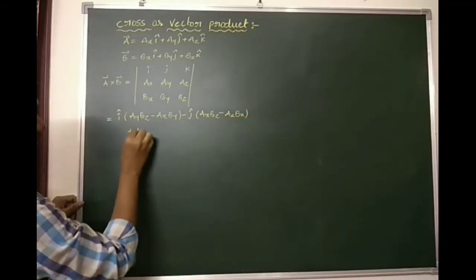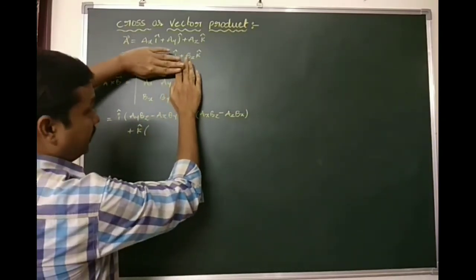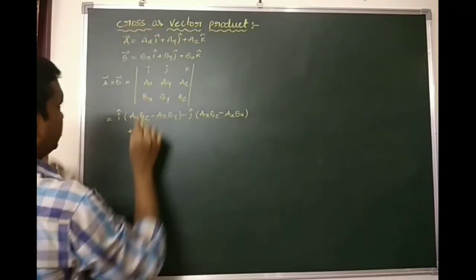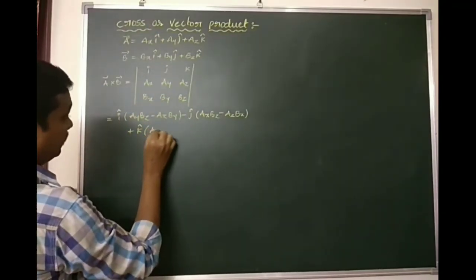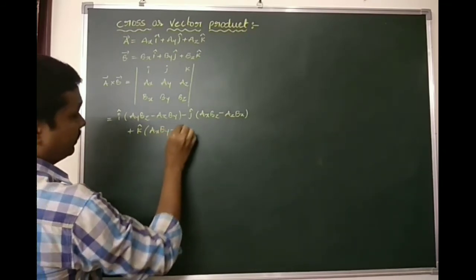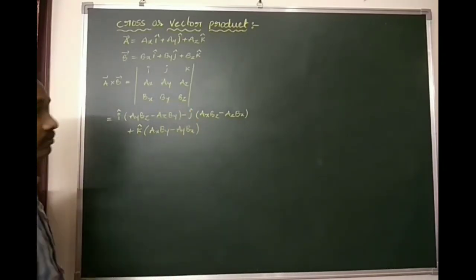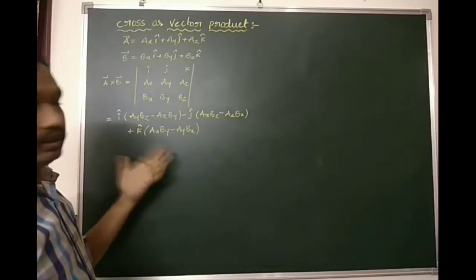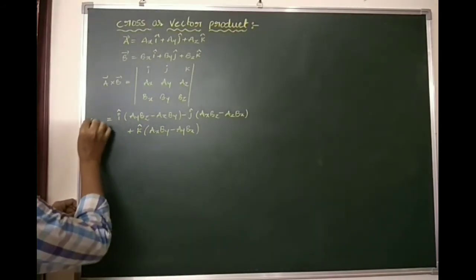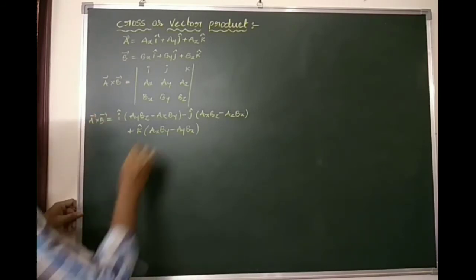Plus third term, AD minus BC, Ax By minus Ay Bx. What we got is the same, and this is giving you A cross B.